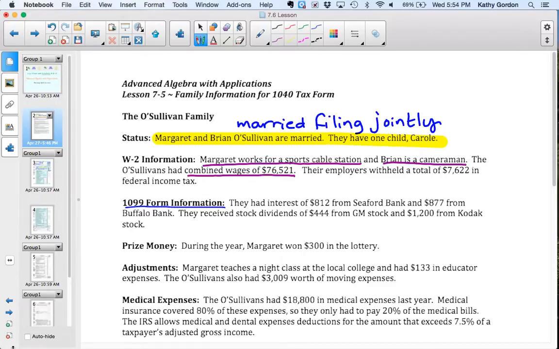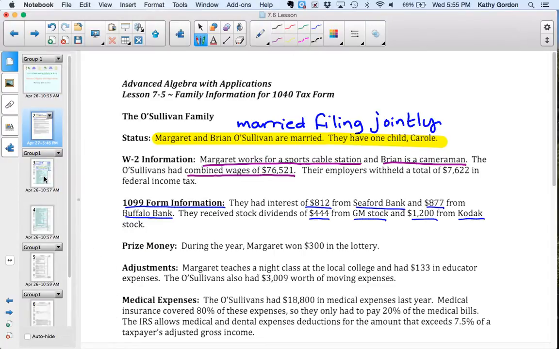Okay, so we have information that they have $812 from Seaford Bank. They've made $877 in interest from Buffalo Bank. They've also earned $444 in dividends based on GM stock and $1,200 in dividends from Kodak stock.